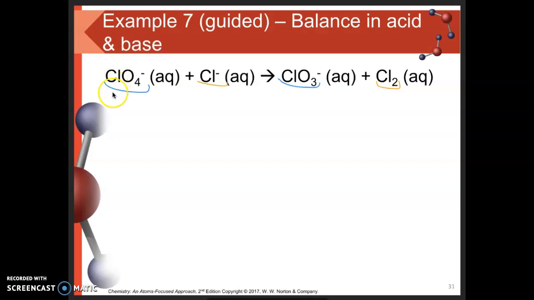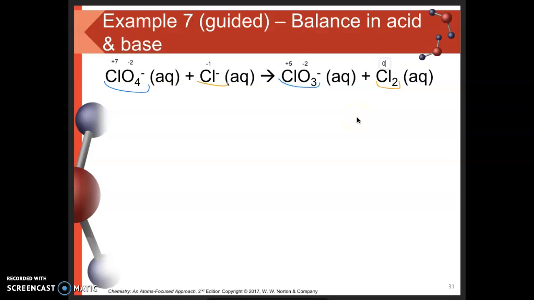The oxidation state for the chlorine here is going to be +7. The oxidation state for the oxygen will be -2. The oxidation state for the chloride here is -1. The oxidation state for the chlorine here is +5, and for the oxygen is -2. And the oxidation state for the chlorine here is 0.